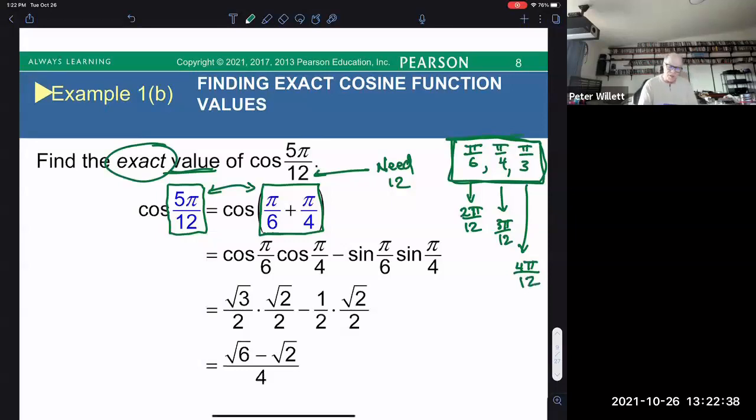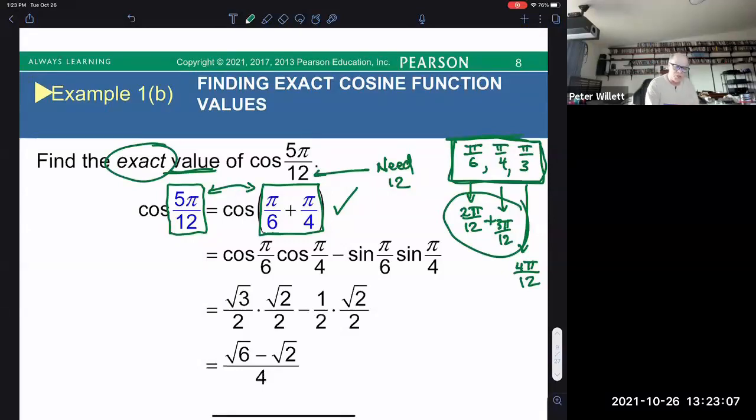So now, since they all have a common denominator, I'm trying to imagine how I could add or subtract any of these three to end up with 5 pi over 12. And then you might say, oh, well, that's just the 2 pi and the 3 pi added. And that means I'm going to add pi over 6 and pi over 4, and that's what they have here.